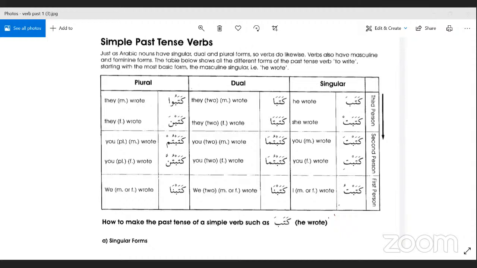Alimtum, you all knew, male. Alimti, you knew. Alimtuma, you two knew, female. Alimtunna, you all knew, female. Alimtu, I knew. Alimna, we all knew. Excellent. Jazakallah.